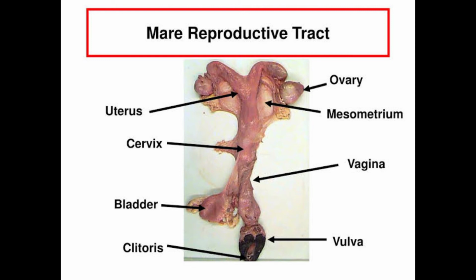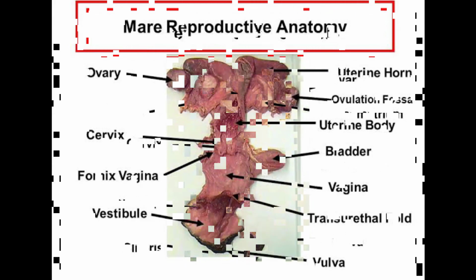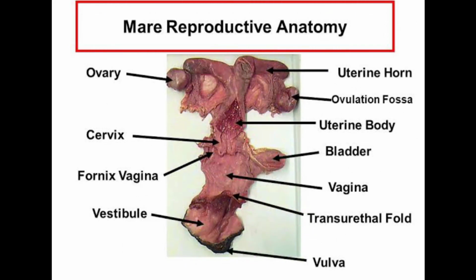Ovary. Mare ovaries are unique both in shape and makeup. They are kidney bean shaped and will have an obvious contrast in size and texture between the breeding and non-breeding seasons. During the breeding season, they are functioning and about the size of a tennis ball.